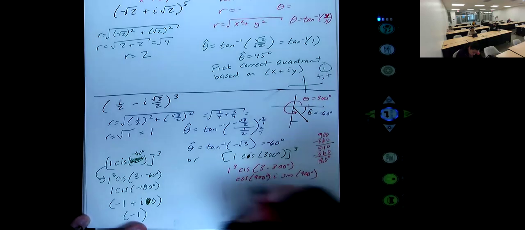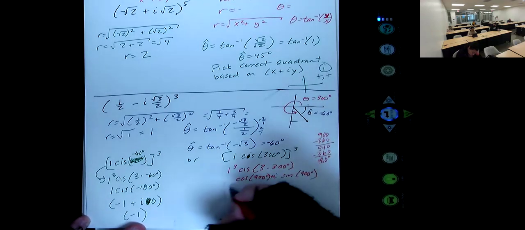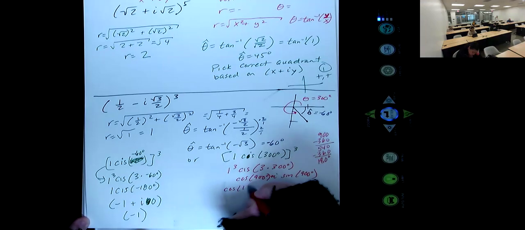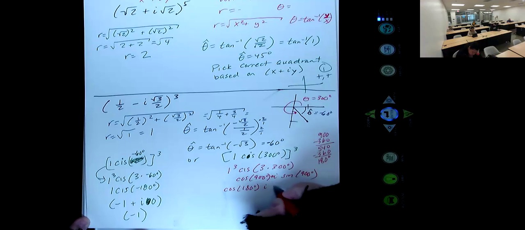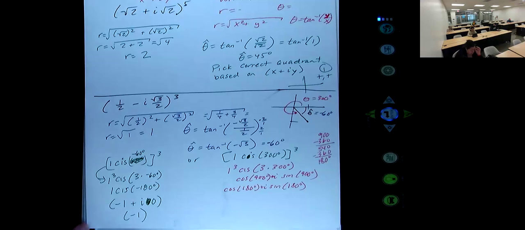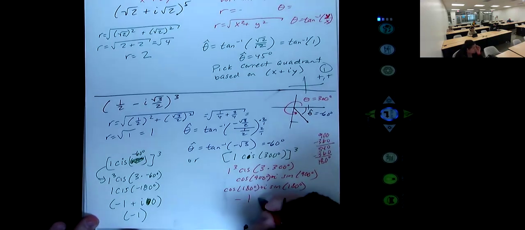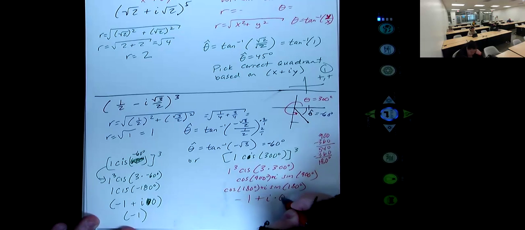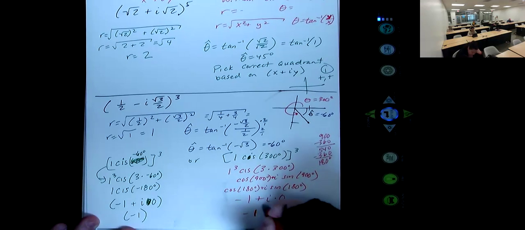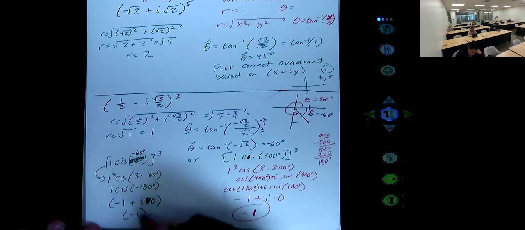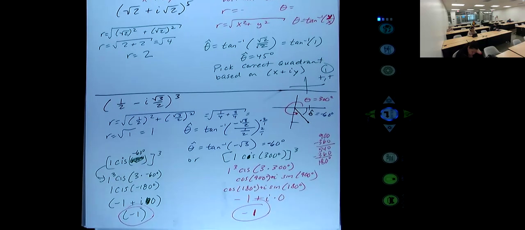So this is cosine of 180 plus i sine of 180. And that's the same: -1 plus i times 0, or -1. So we got the same thing either way.